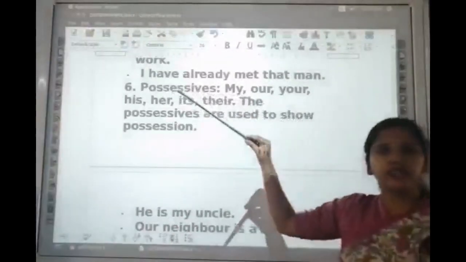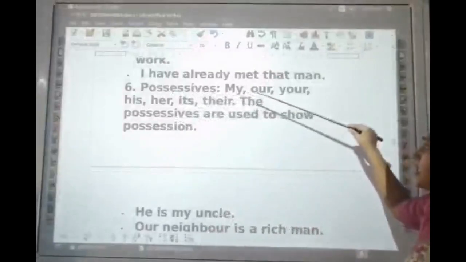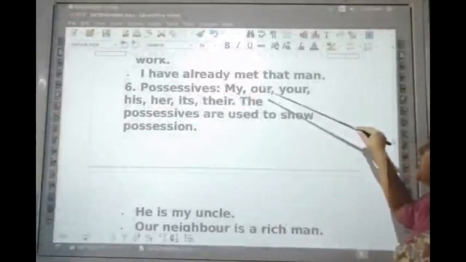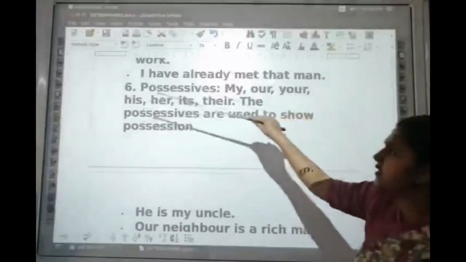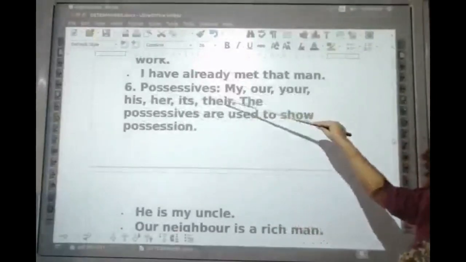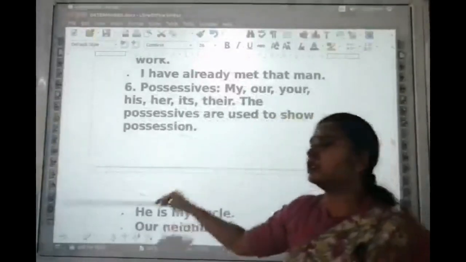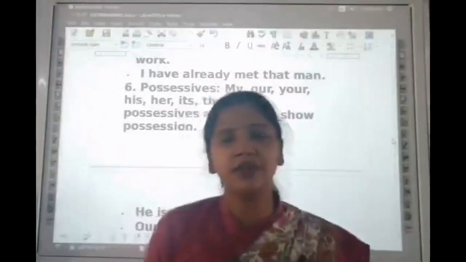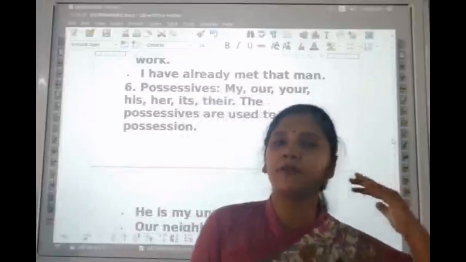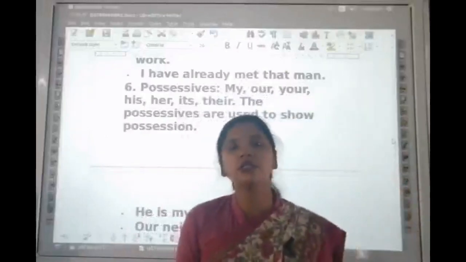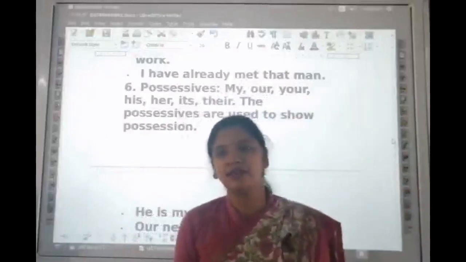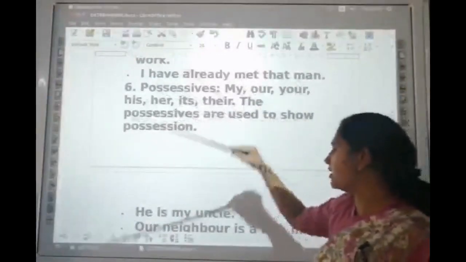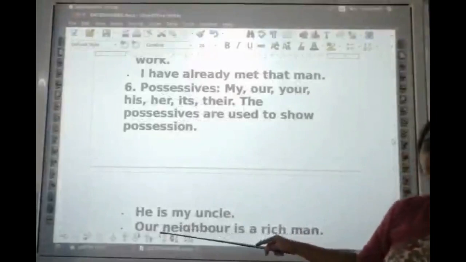Everybody knows, if the thing belongs to you, we use my; our, for a group; your, his, her, its, their. We already read all these possessive determiners in our earlier classes. We know about all these possessive determiners. Let's read a few examples.